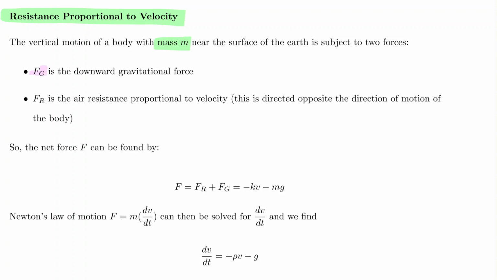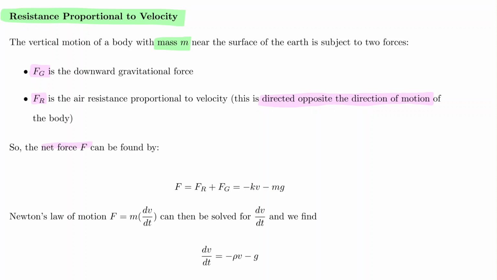The force of gravity, which is the downward gravitational force, and the force of the air resistance, proportional to velocity. One thing to note is this will be directed opposite the direction of motion. So if the object's traveling down to the Earth, the air resistance force will oppose it, being an upward force.